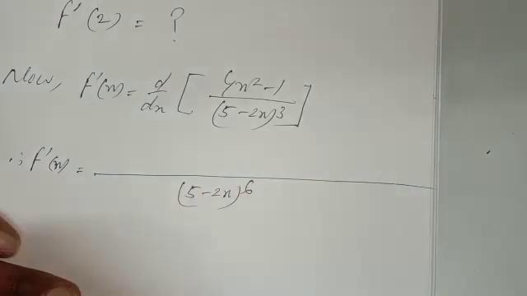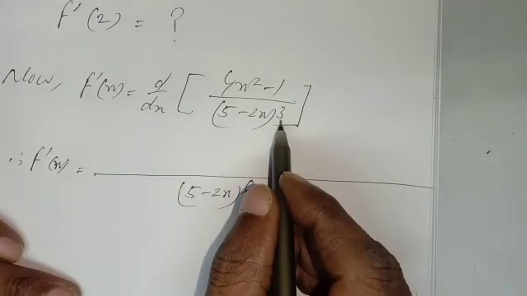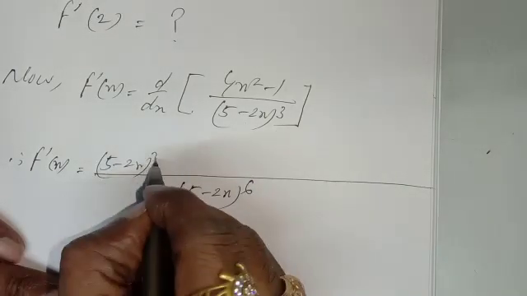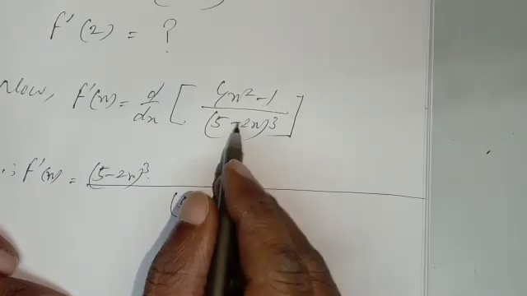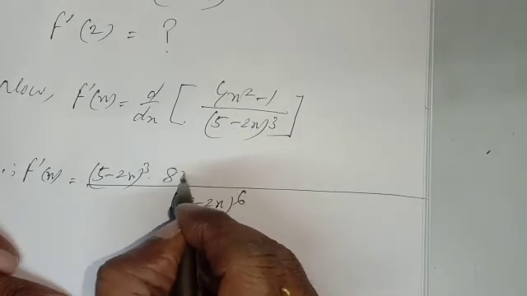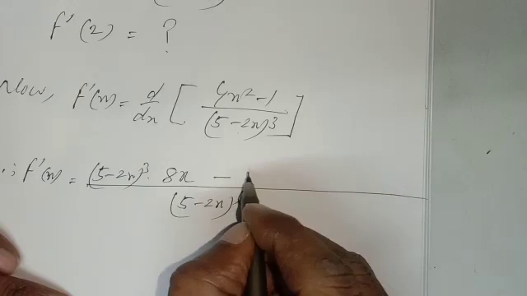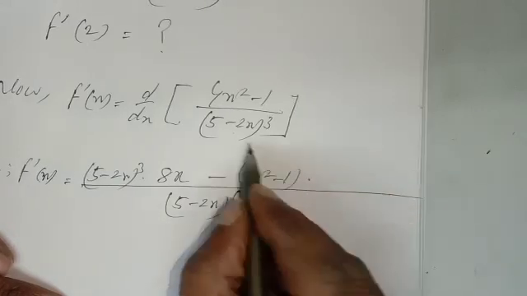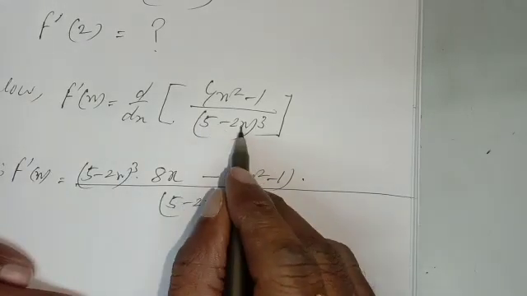It will be to the power 6. Already whole cube is given, and that whole square means 6. Then v into derivative of u, that will be 8x, directly I am doing, minus u, that is 4x square minus 1, into derivative of v, that is (5 minus 2x) whole cube.